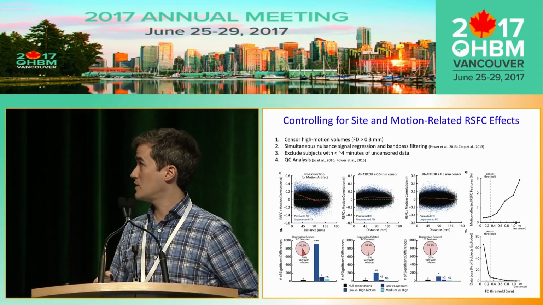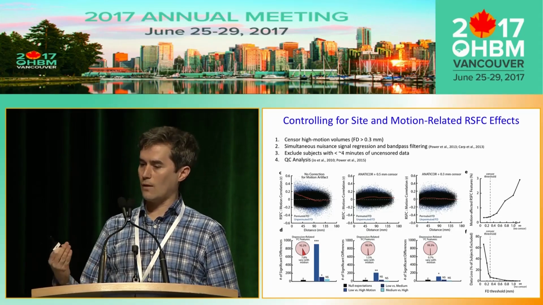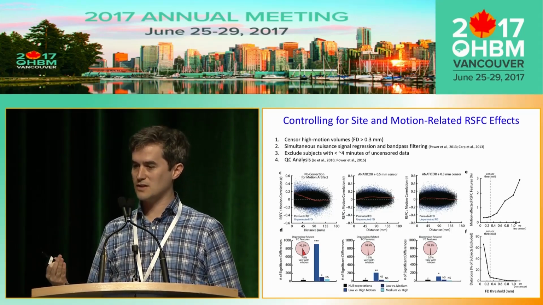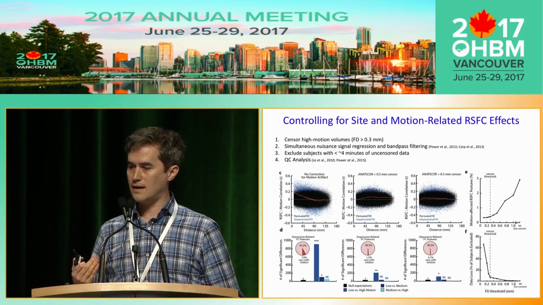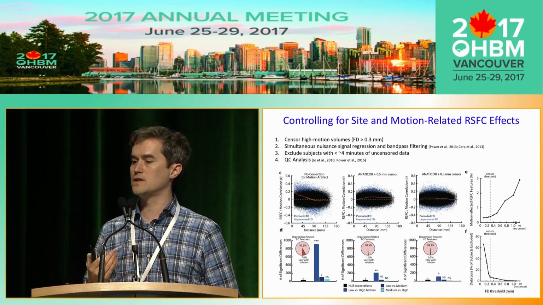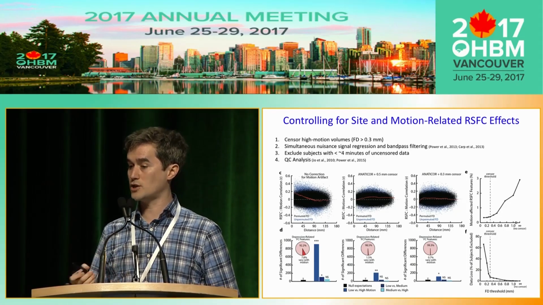In panels E and F, you can see how we go about thinking about what the right threshold to select should be. You can see in the upper right how the number of connectivity features that differed in low and high motion subjects varied as a function of the threshold that we used.